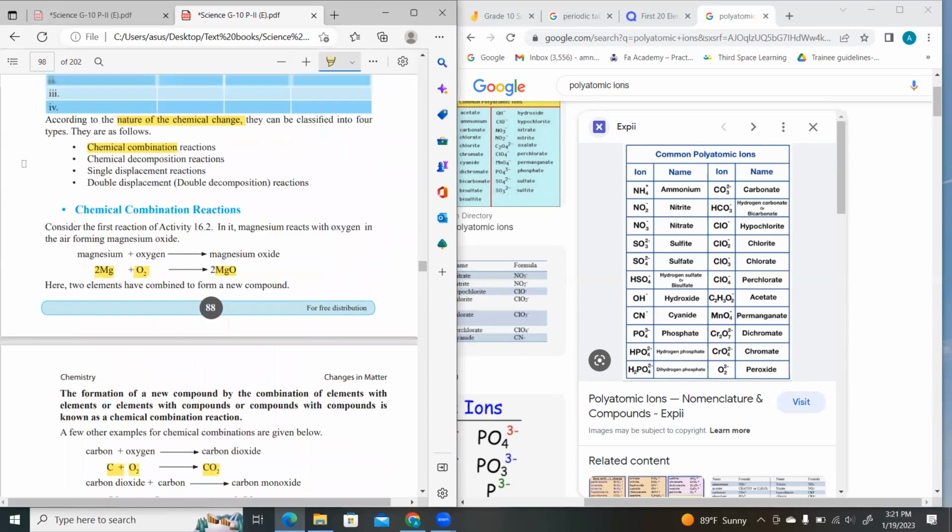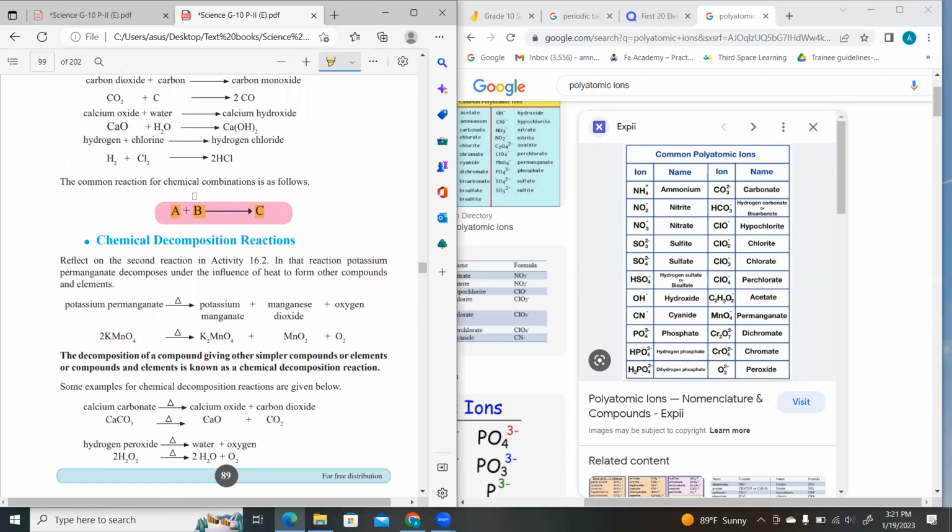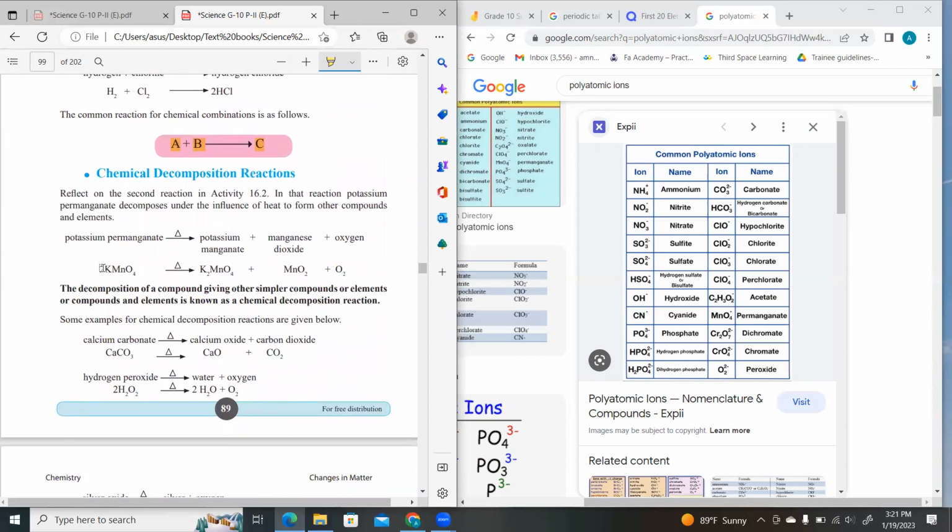The next one is chemical decomposition reaction. Decomposition means they decompose, they separate the reactant. See here, potassium permanganate is a reactant. When you heat it, it will be separated into potassium manganate and manganese dioxide and oxygen.